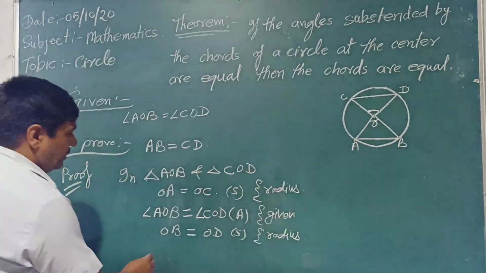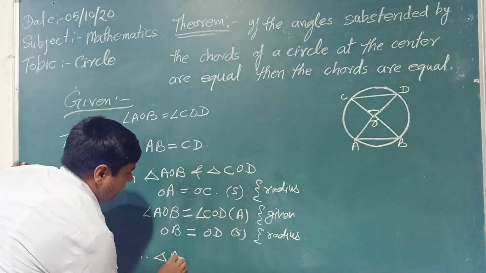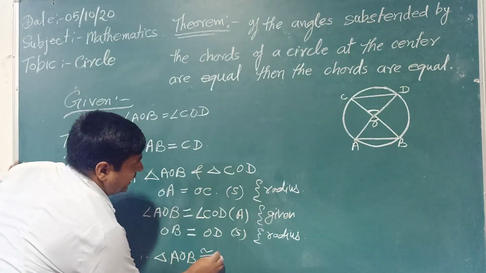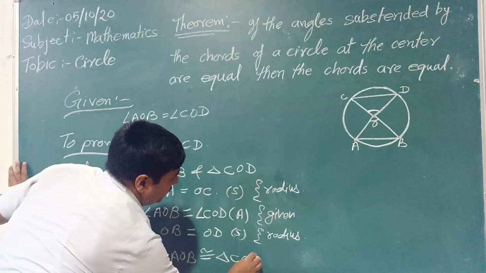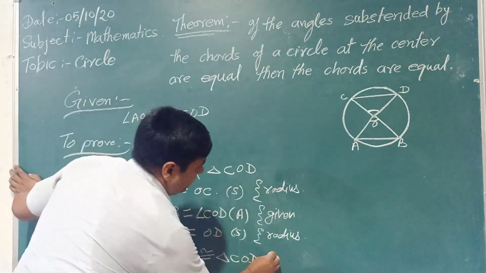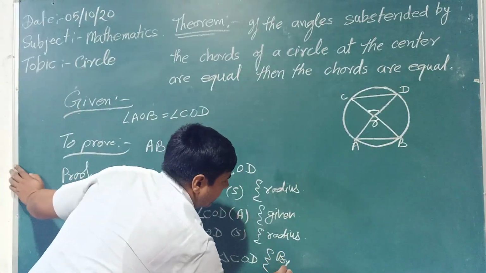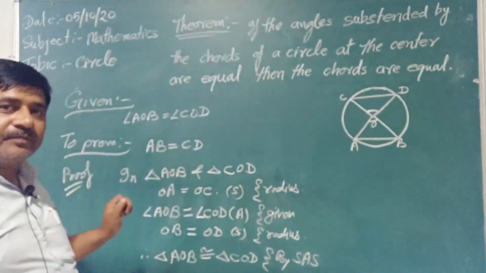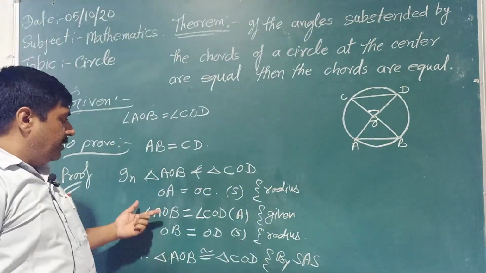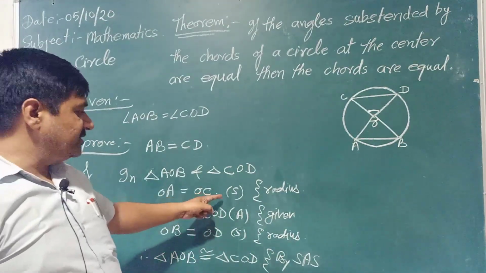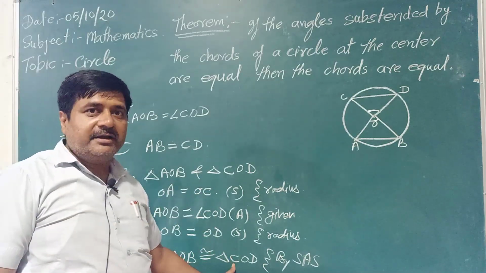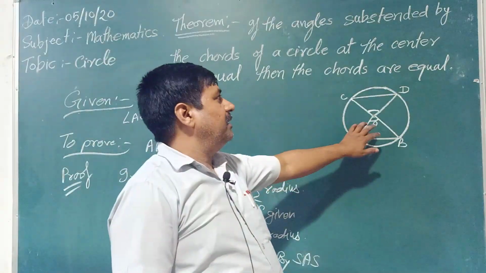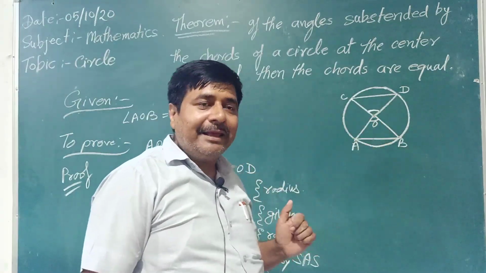Therefore triangle AOB is congruent to triangle COD by SAS criteria. Okay, now these two triangles are congruent, then every part of congruent triangles is equal.